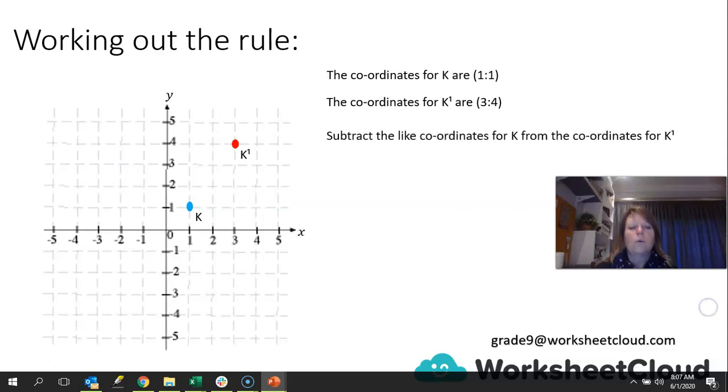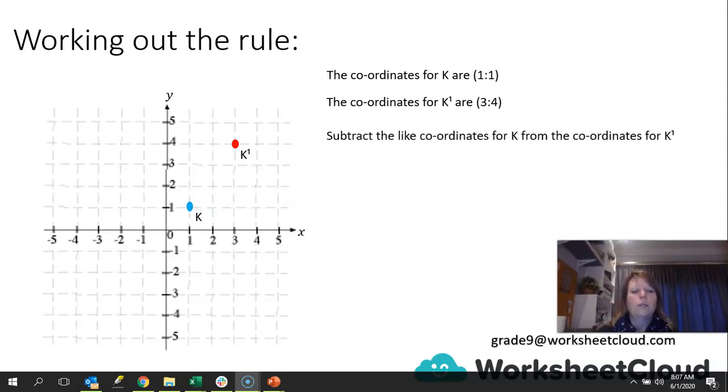Now what we need to do is subtract the like coordinates for K from the coordinates for K1. When I say like coordinates, I mean the x values we subtract from one point to the other, and the y values we subtract from one point to the other. So we take x in K1 minus x in K. We always go from the second point to see how it moved, what the difference was.